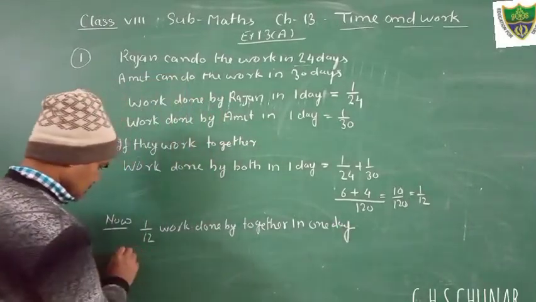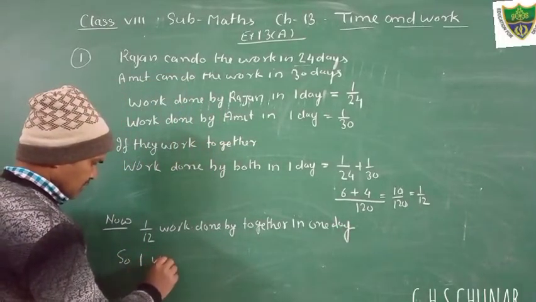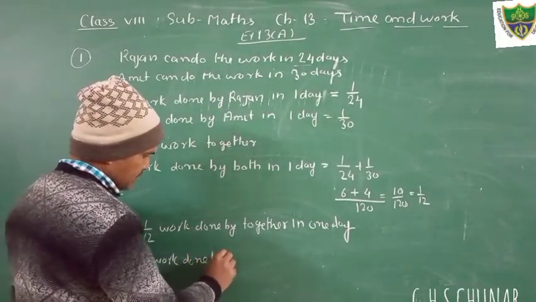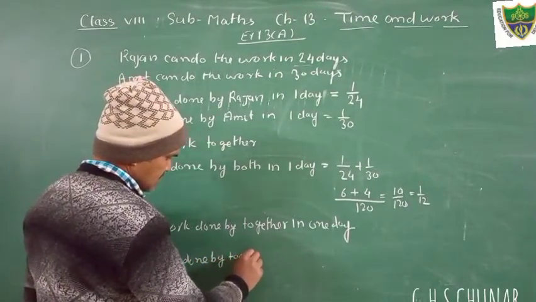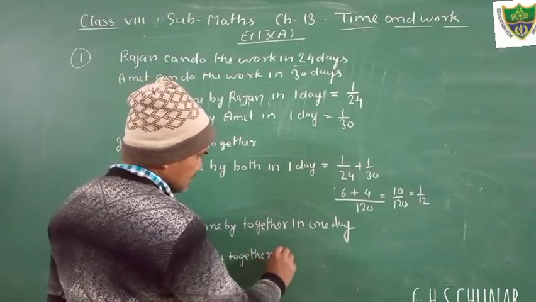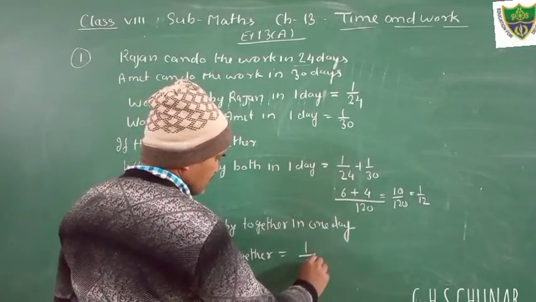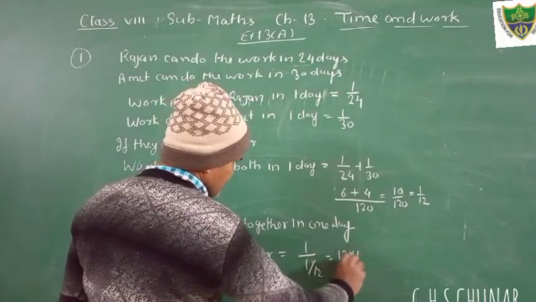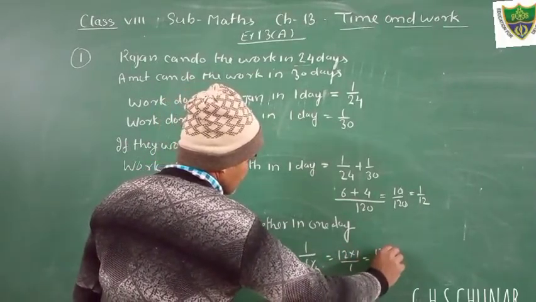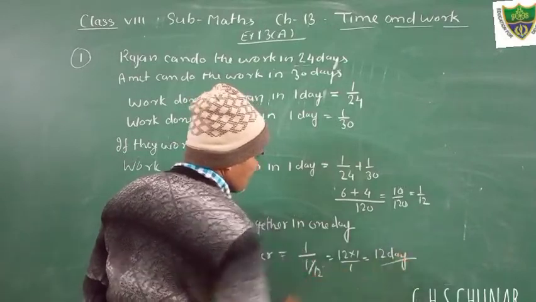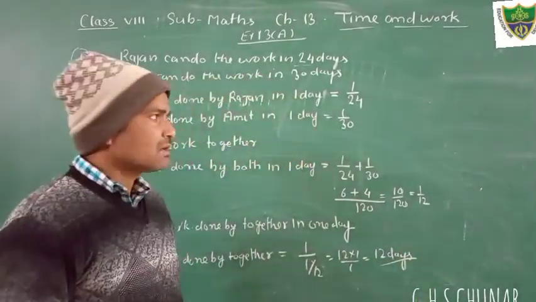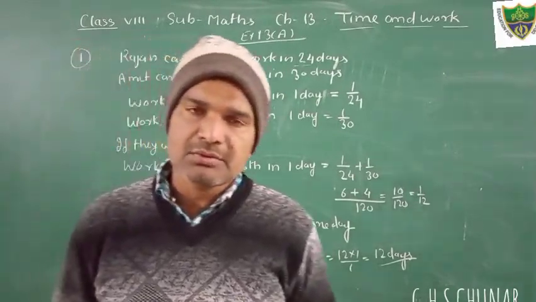So 1 work, that is 12 days. So when they work together, they can finish the work in 12 days.